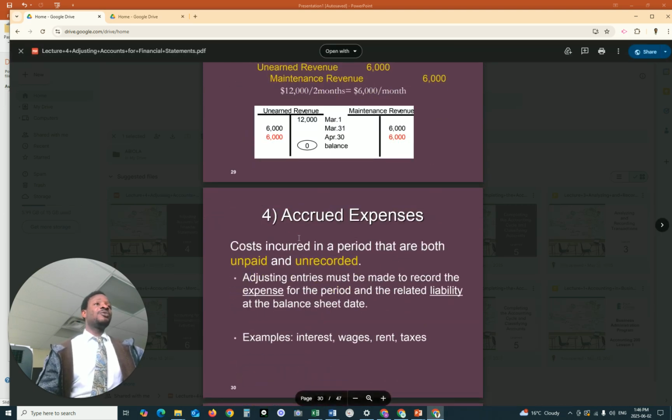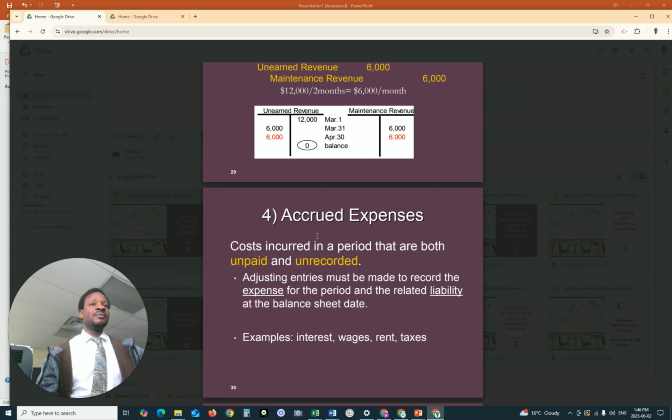Now, the next one is accrued expenses. Costs incurred in a period that are both unpaid and unrecorded. Accrued expenses, you have not paid it, but you have incurred it. Any expense that has been incurred but not yet paid. Example, heating and lighting that you have used up but you have not paid.